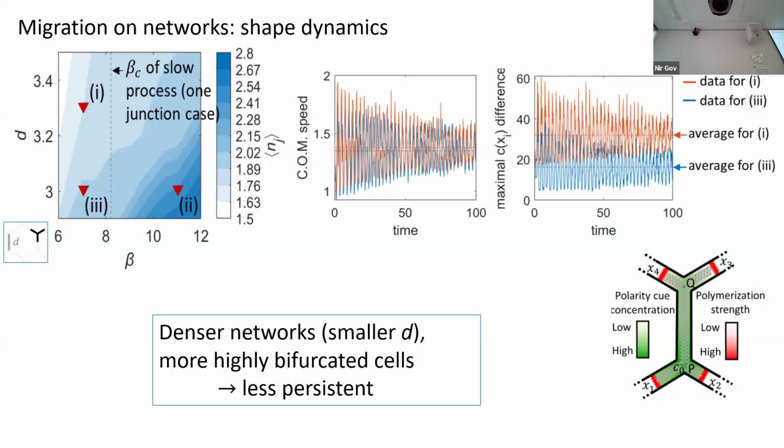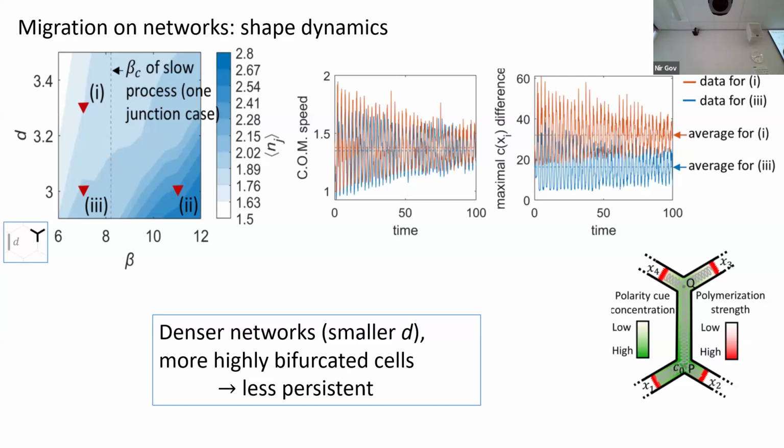It's slightly higher, the orange, than the blue. But what's most important is that its maximal difference of this concentration of this protein, which is this inhibitor, between the front and the back, is much larger as compared to the case with more junctions, with more arms.